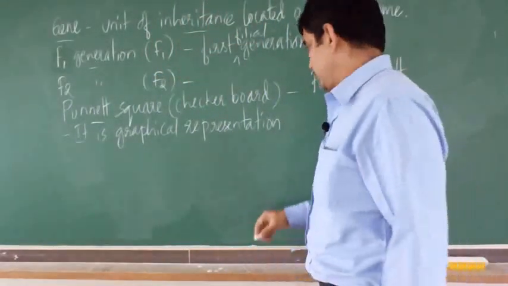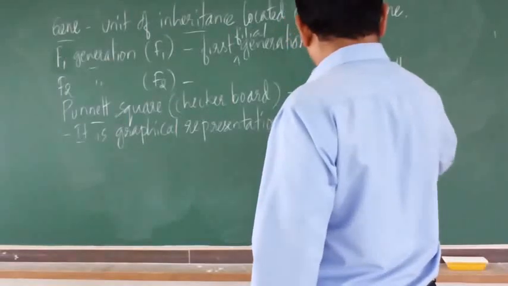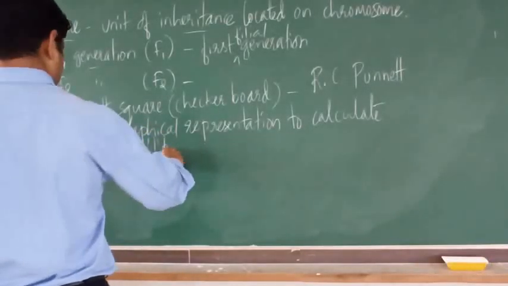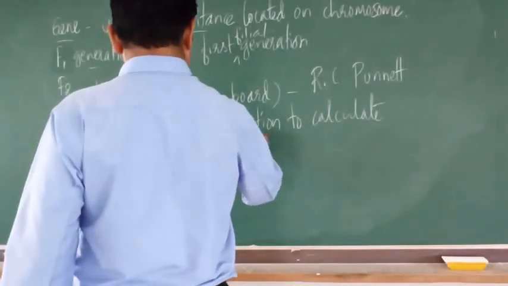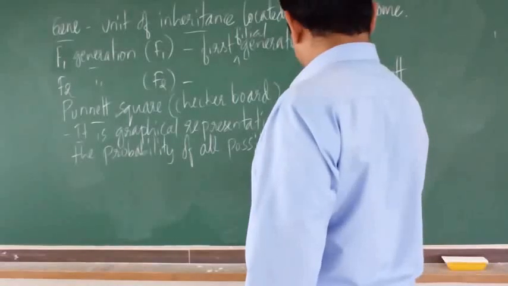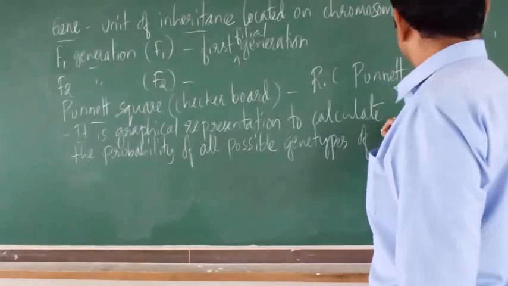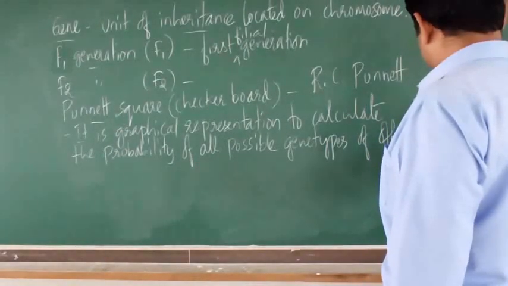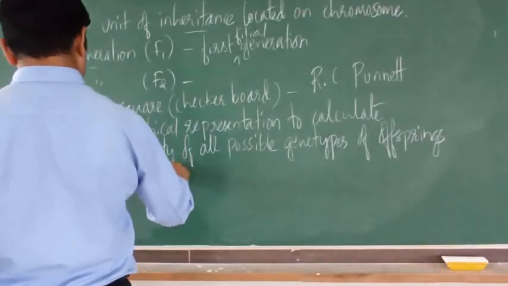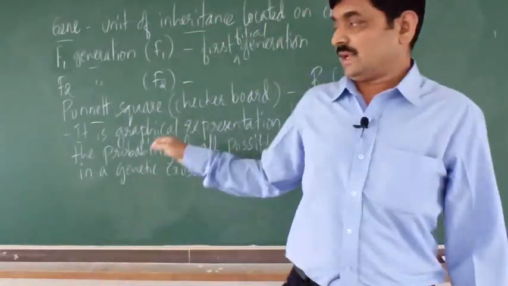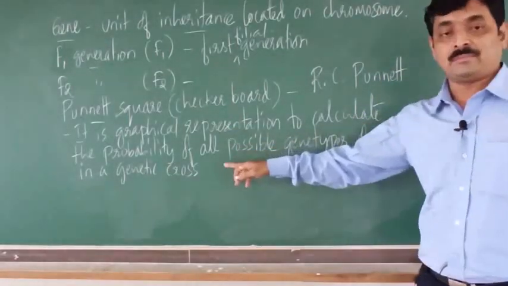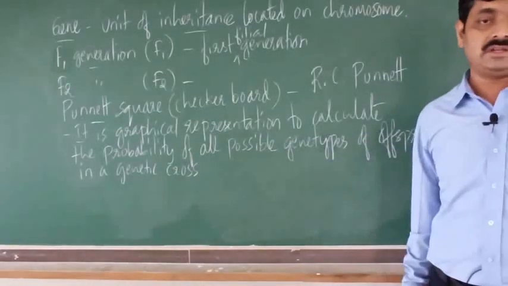Punnett square is the graphical representation to calculate the probability of all possible genotypes of offspring in a genetic cross.